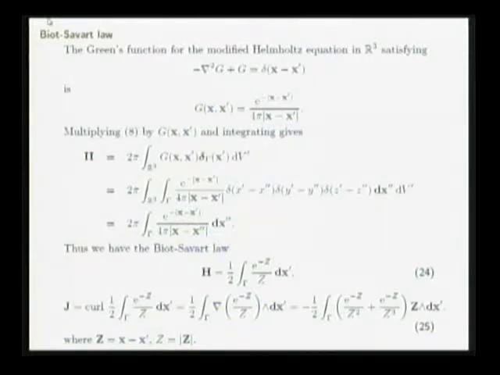Once I've got that, I can just do the same thing. I multiply the equation by this Green's function and integrate, then I write out the definition of my distribution, this vectorial delta function. Then I switch the order of integration, and I can do the integral, picking up just an integral along the curve because of the three delta functions. And I find the magnetic field is given by this simple integral here.